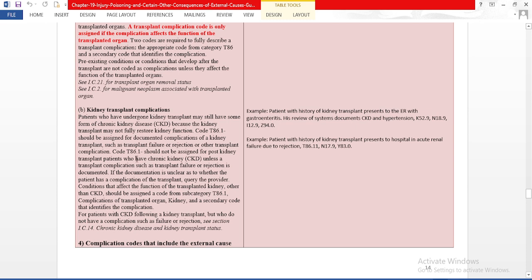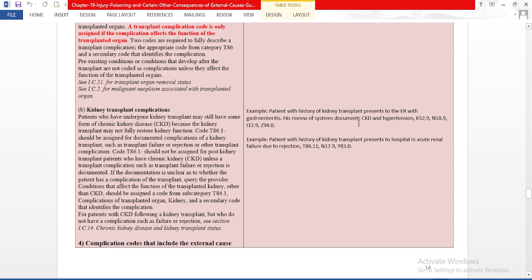So whenever we have to code T86.1, we need to check the documentation for transplant failure or rejection. If the documentation is unclear, we can't code rejection or transplant failure. We need to query the physician. We have an example here. Patient with history of kidney transplant presents to the ER with gastroenteritis.